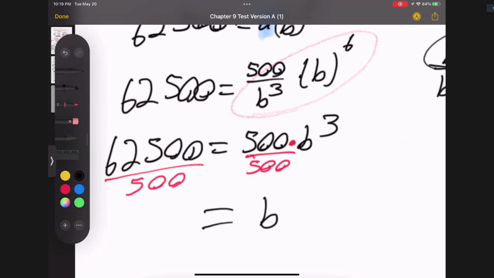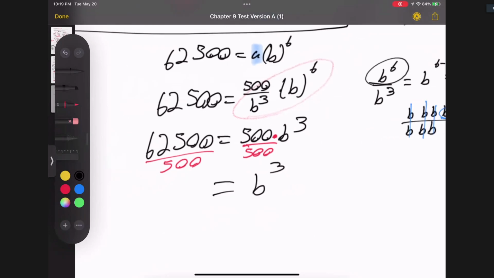So b to the power of 3. Now, I gotta plug it into this calculator. Let me see. 62,500 divided by 500. That is 125.